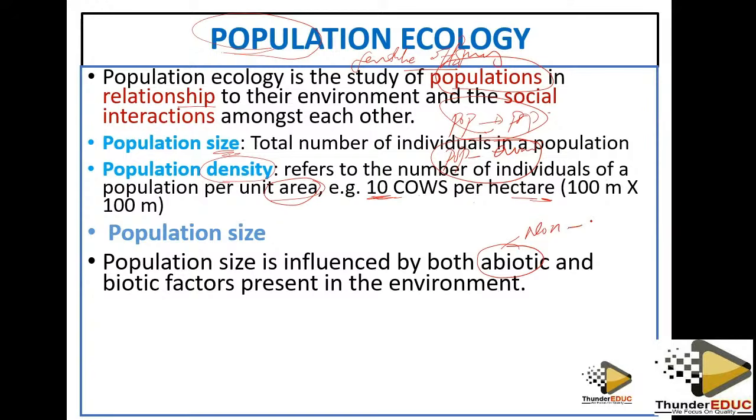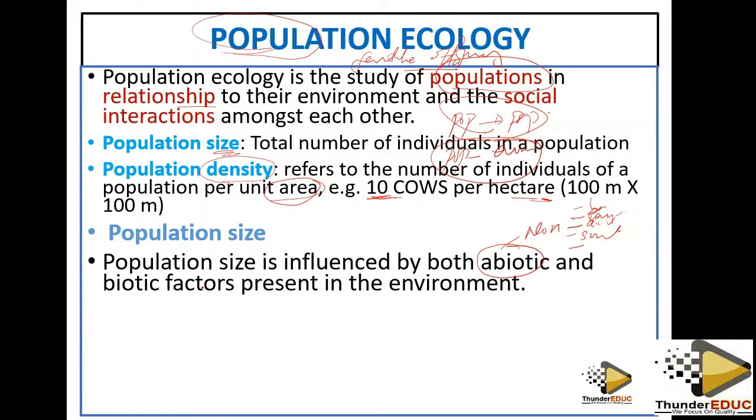For example, you can talk about air, you can talk about soil factors, you can talk about temperature, you can talk about humidity. All these factors which are non-living, we call them abiotic factors. These factors determine the number of individuals an area is supposed to have.